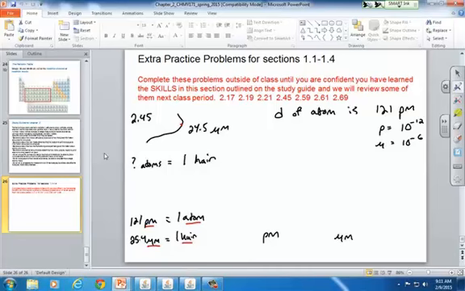To set those equal, I want to put that power of 10 with the smaller of the two units. I know pico is a smaller unit because it has a more negative power of 10 associated with it on the table. So it's correct to say 10 to the 6th picometers equals 1 micrometer.